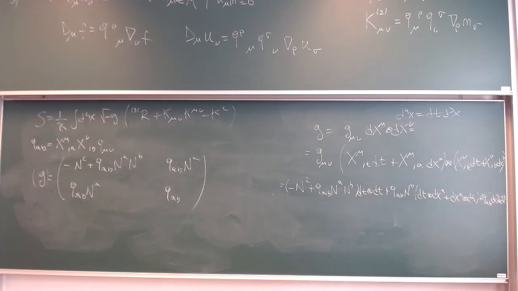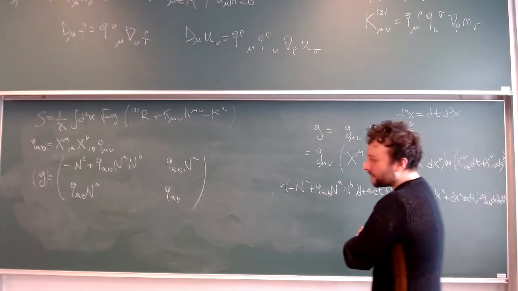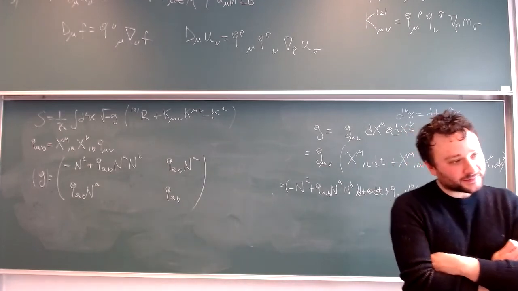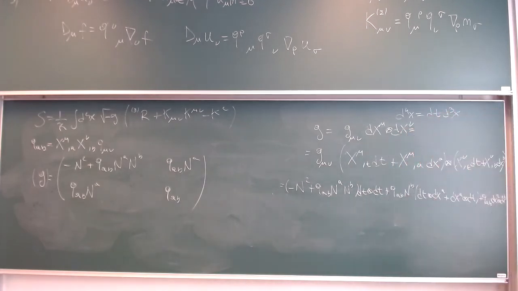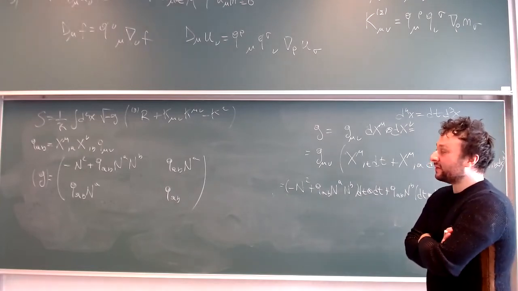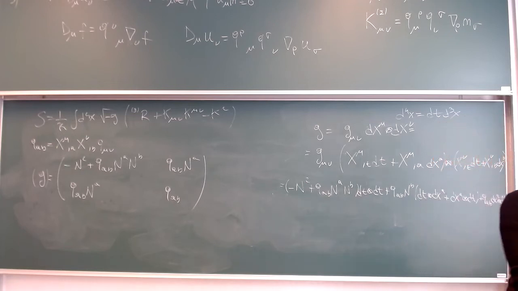Do you know a good way of calculating the determinant of something like this? No. No, I mean, I have a good way of doing it. So if you're interested, I can explain to you how I would calculate it. Well, we can use the Laplace method, for example.